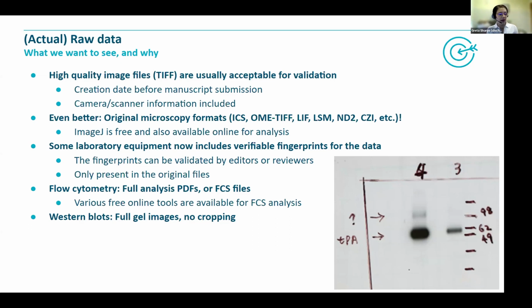And for Western blots, we always want full gel images, no cropping, and it usually requires several attempts to explain to the authors what full gel images mean and what no cropping means. And again, going back to the example shown previously, even if the full gel images exist, please stay vigilant. And that's it from me.